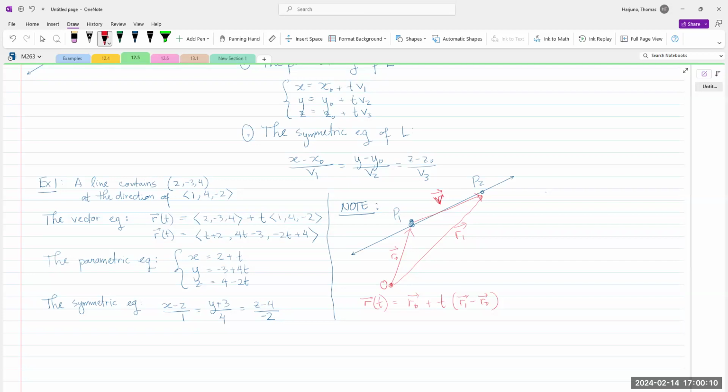You will see that we sometimes write this as (1 - t) r0 plus t times r1. But of course, you still need to simplify that if you get the numbers. But abstractly, that's what it looks like. Now notice that r1 minus r0 is basically the direction vector.